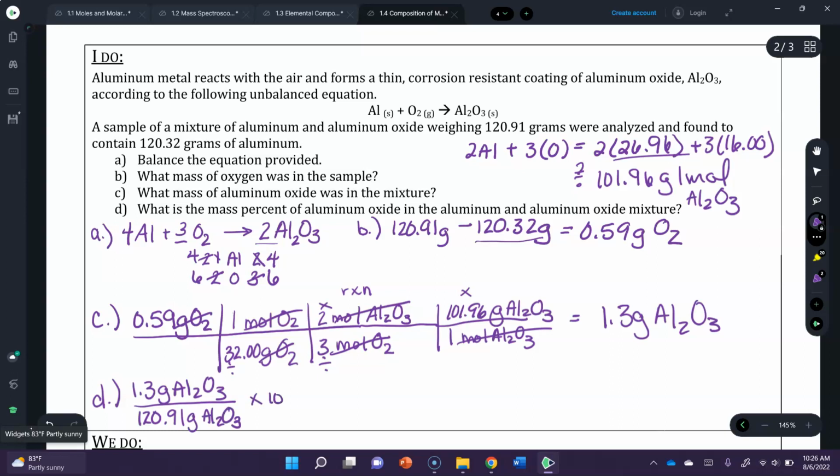And since we're looking at a percent, we're going to multiply this by 100. And so you should get that the percentage is 1.1% aluminum oxide.